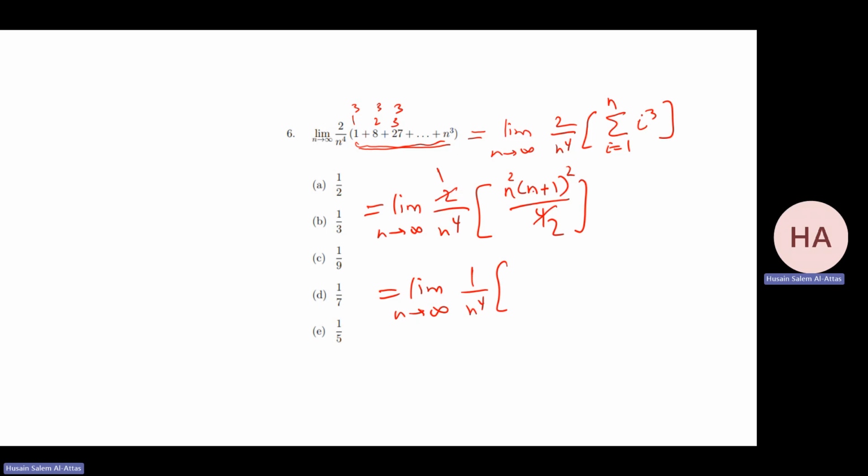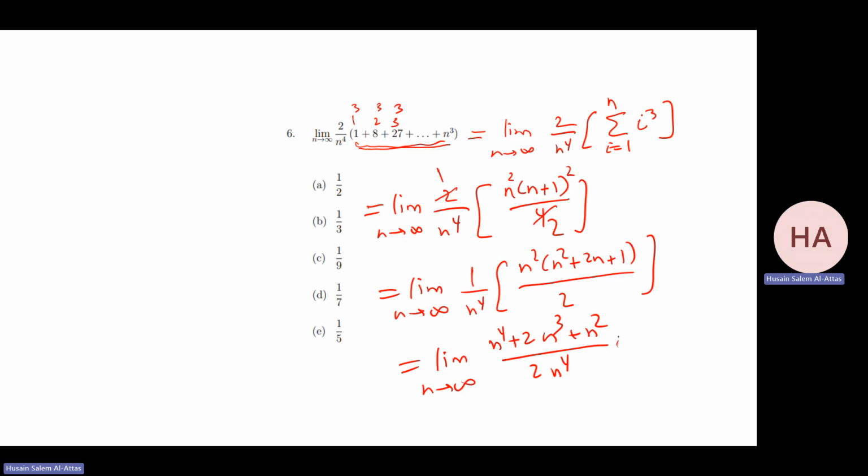What do I have here? I have n squared times n squared plus 2n plus 1 over 2. So I have the limit as n goes to infinity of n to the power 4 plus 2n cubed plus n squared over 2 n to the power 4. Same degree, so I have 1 over 2, which is this.